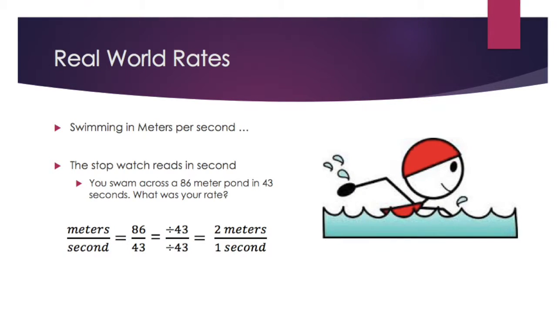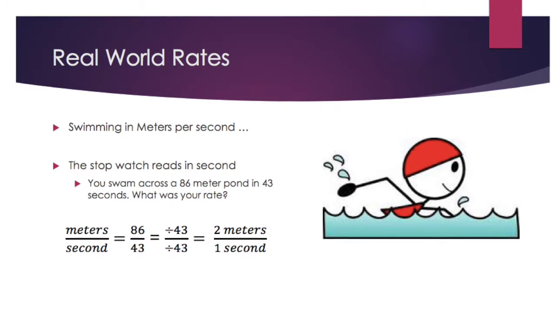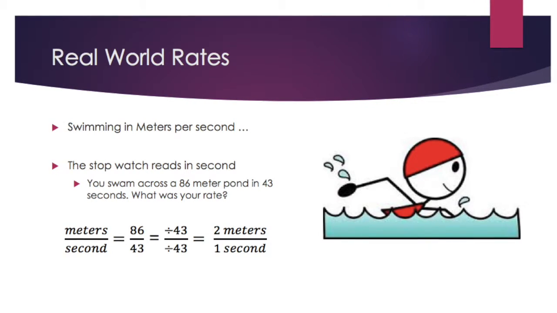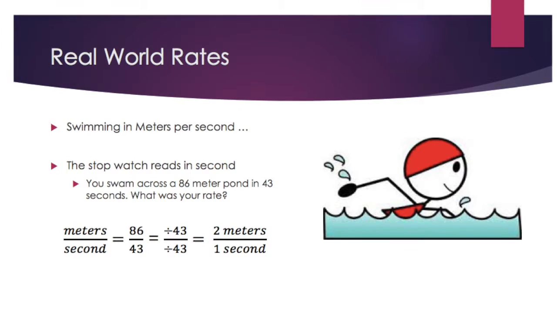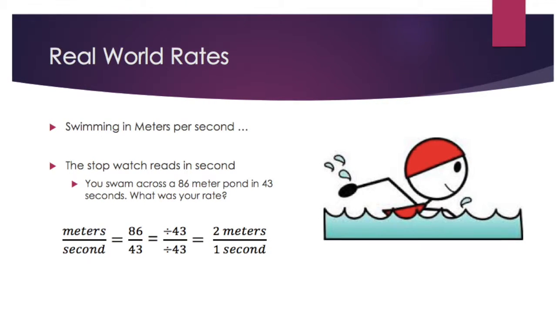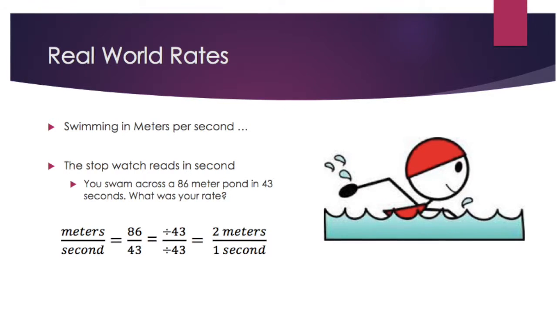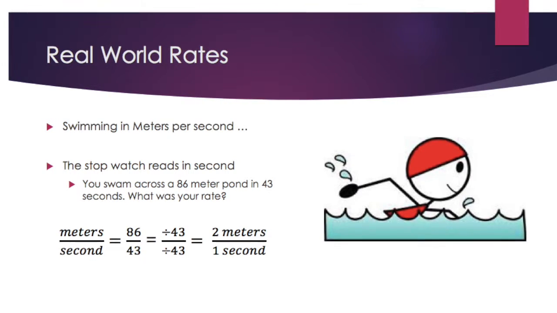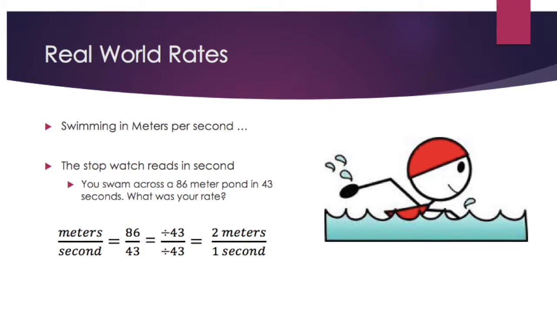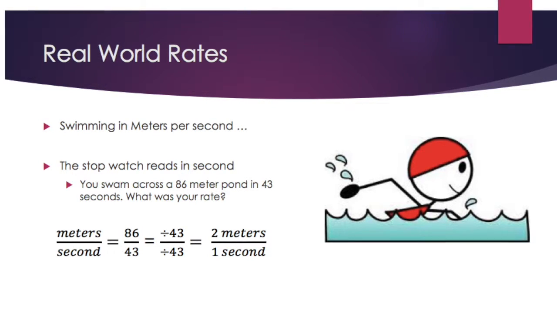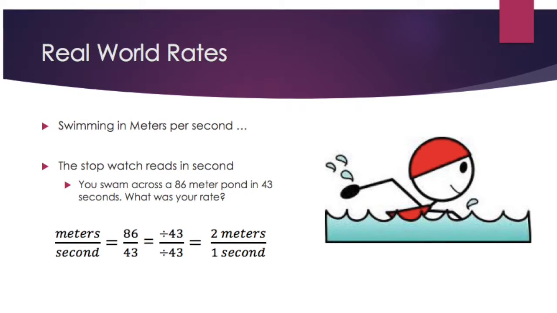Another example would be when you are swimming. A lot of competitive swimmers measure their speed in meters per second. So when I look at meters per second, my clock or my timer, my stopwatch that I'm using, will most likely count my seconds. So you could potentially travel 86 meters in 43 seconds.